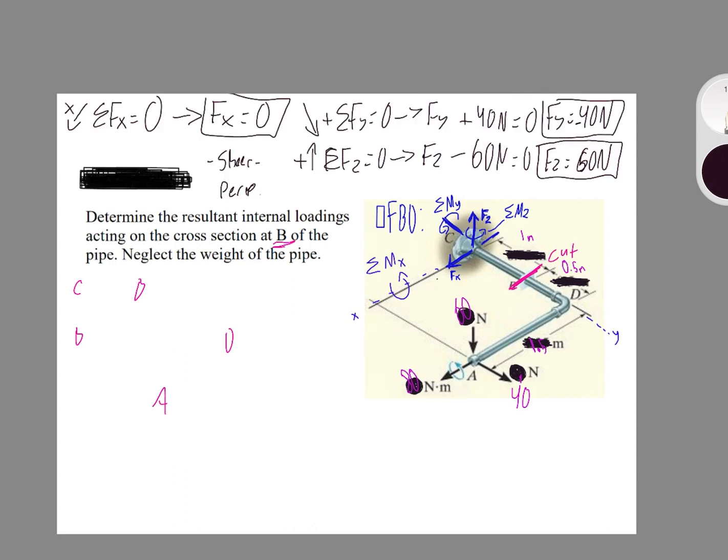And this right here is our normal force, parallel.